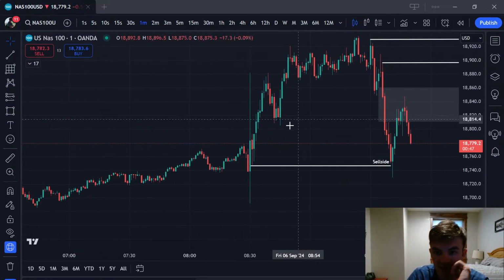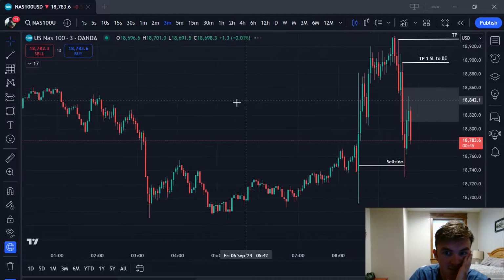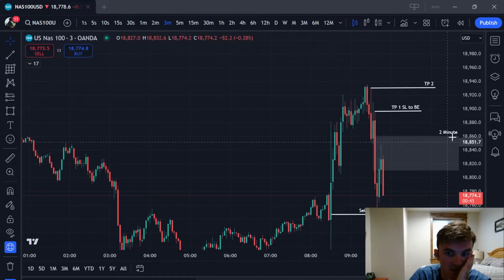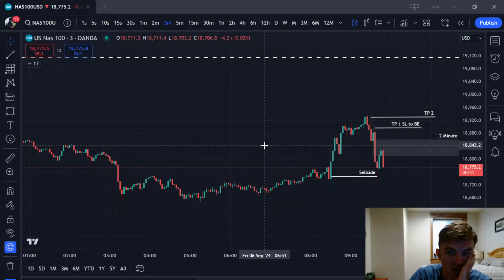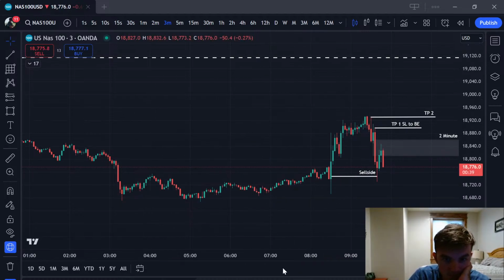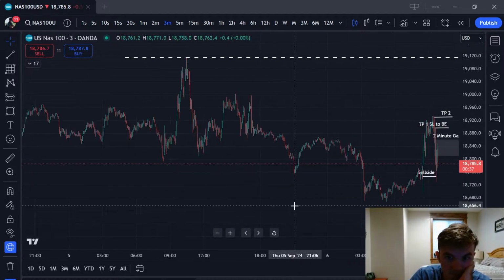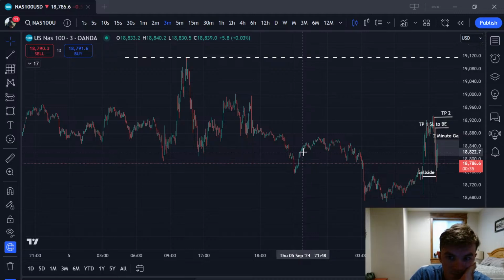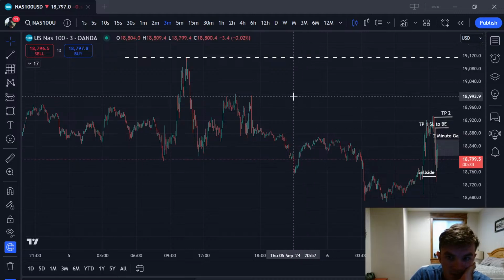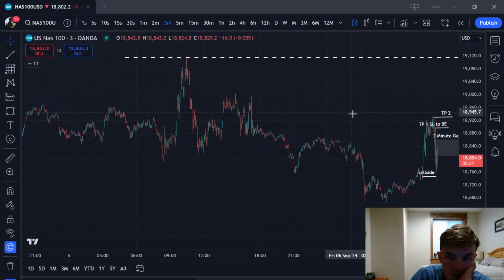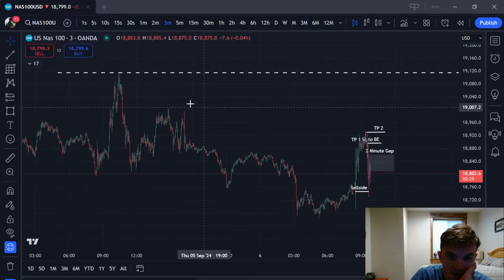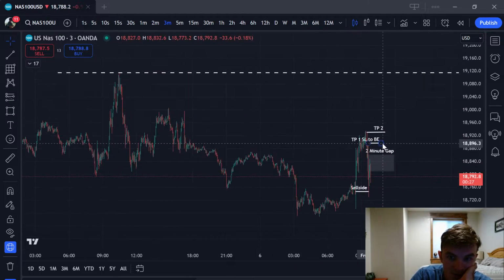Looks like we are rejecting this 2-minute gap though, so we don't want to get ahead of ourselves. And then maybe like this, or I don't know.